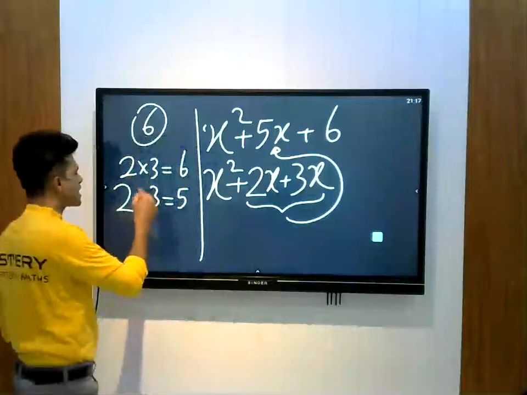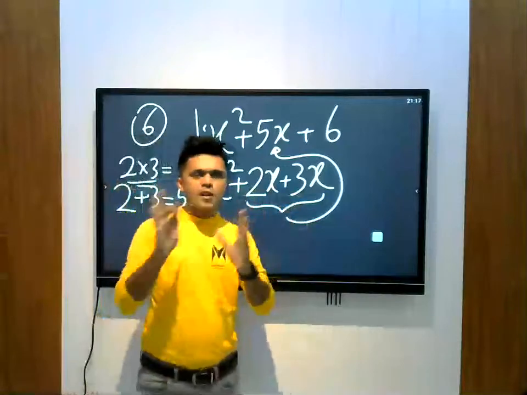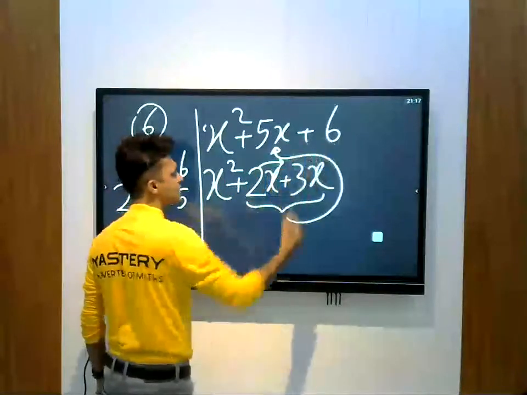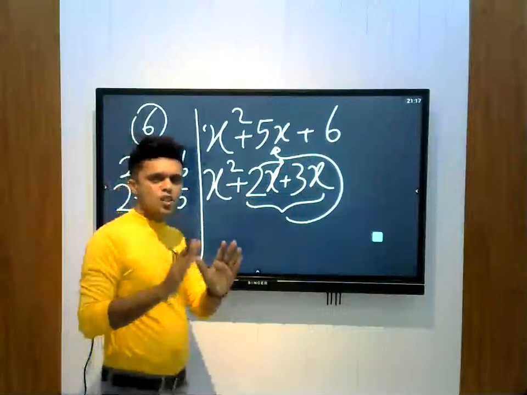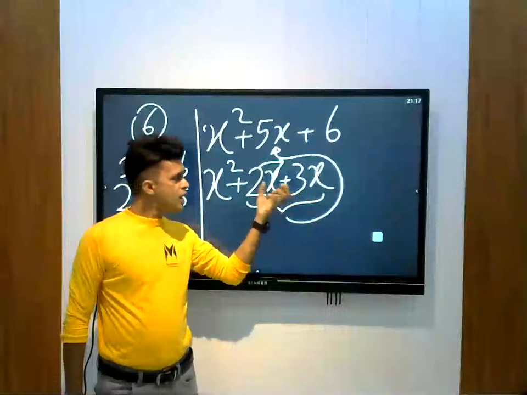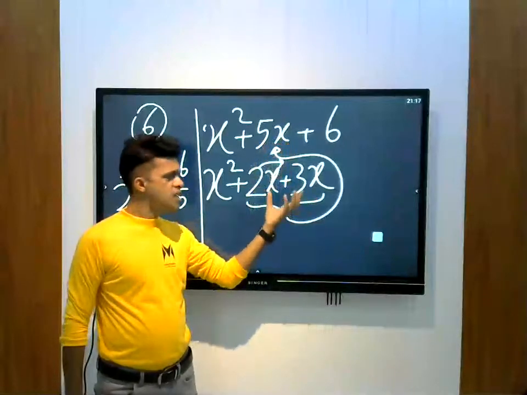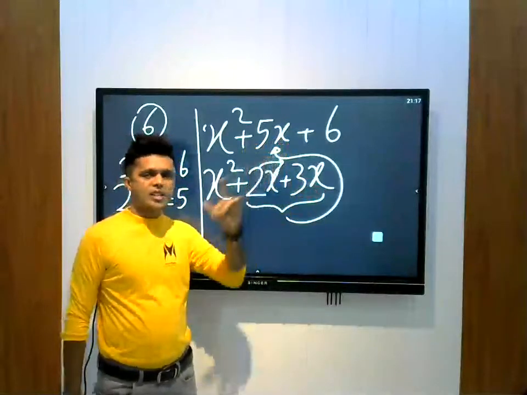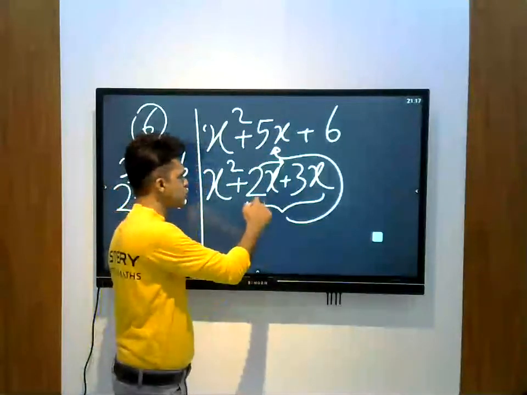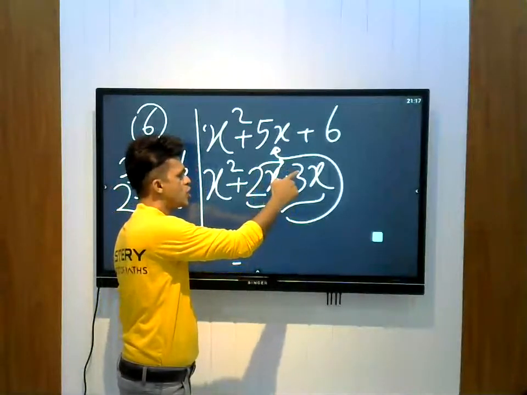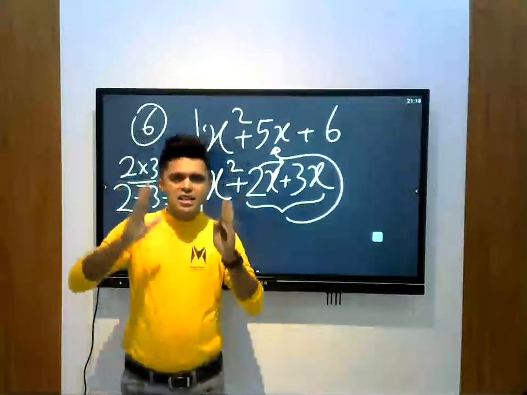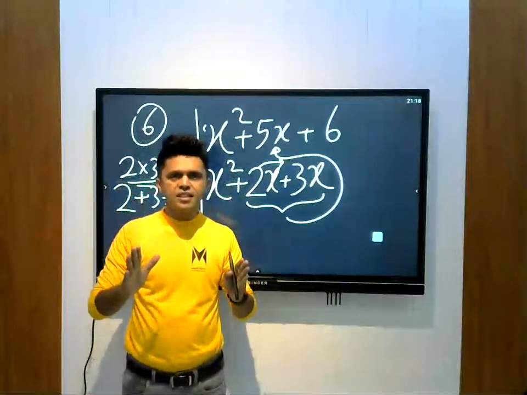Not only that, when you multiply 2 and 3, you get 6 as well. These are the two things you need to consider. When you add these two terms, you have to get 5x, and considering the coefficients 2 and 3, when you multiply them you have to get 6. Those two conditions are fulfilled.